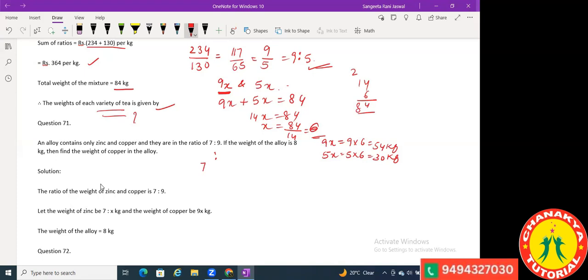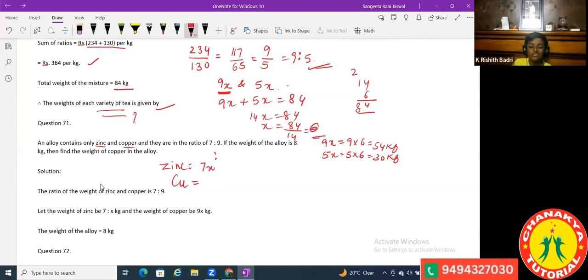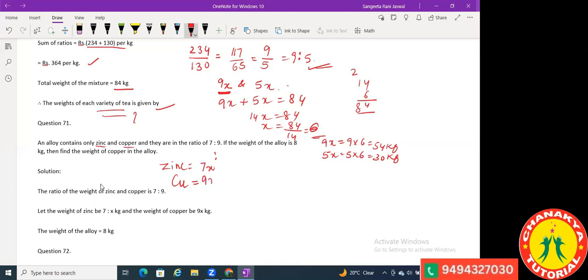So let the zinc be 7x, and copper, I'm taking a symbol for this. Do you know this is the symbol for copper? Cu. Yes, ma'am. Cu is copper, so that is 9x.